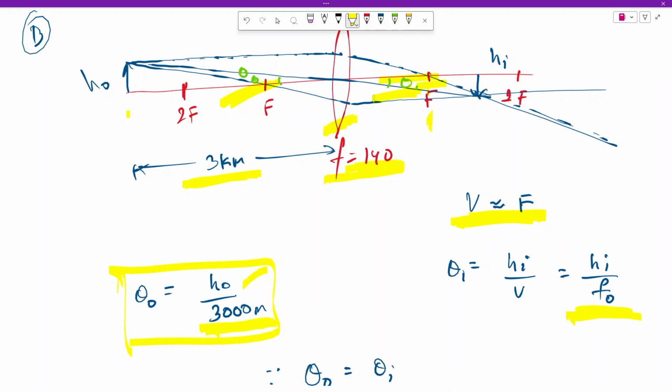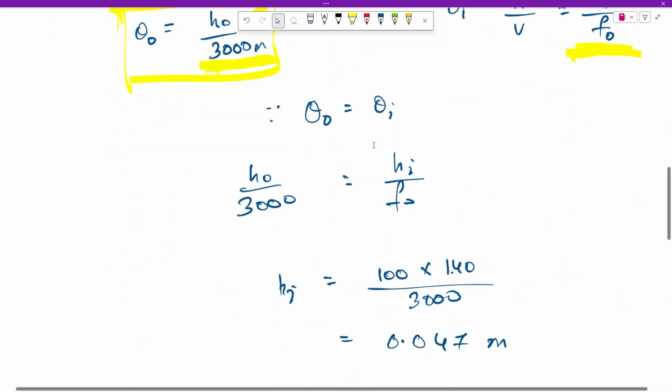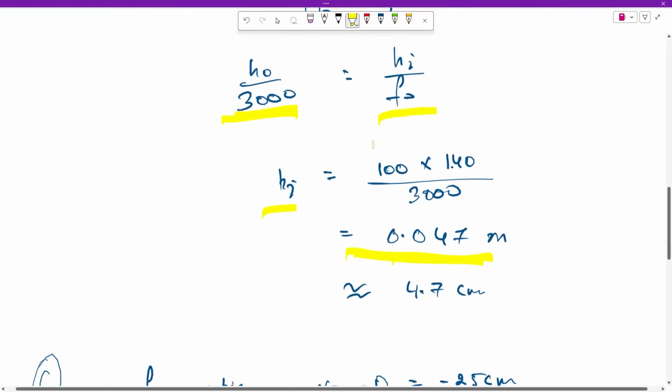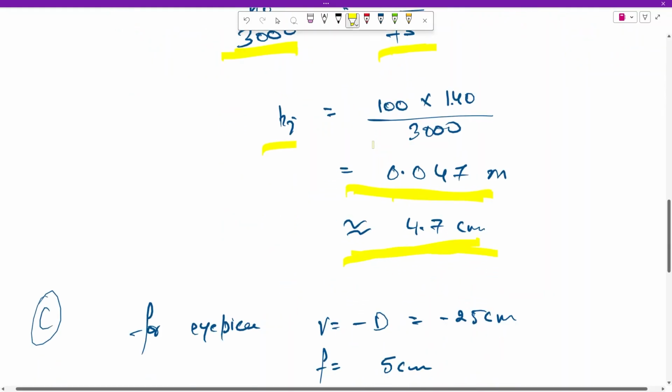Now equating these two angles, we will get HO by 3000 would be equal to HI by FO. Now HI would be equal to 0.047 meter or 4.7 centimeter. So the height of the image would be equal to 4.7 centimeter in this case.